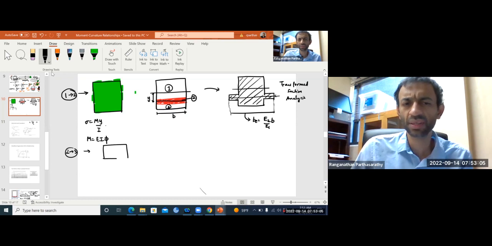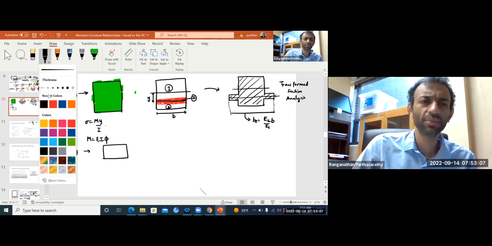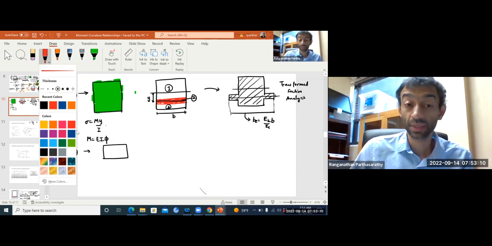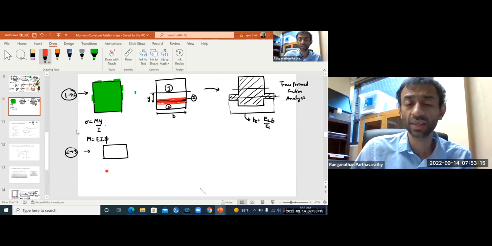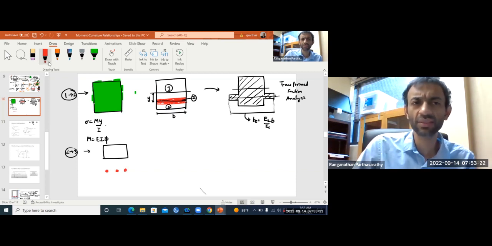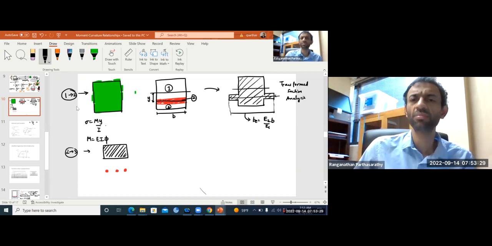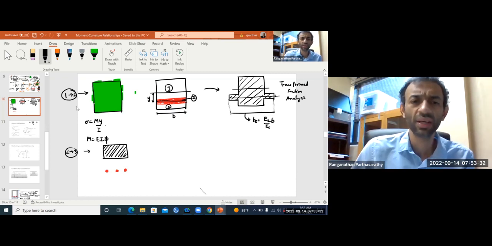If you remember the basis for flexural design, we ignore the contribution of concrete in tension. So everything below the neutral axis is now useless. From that point, you cannot use this transformed section anymore. You need to use a new transformed section, because all your concrete below the neutral axis has disappeared.